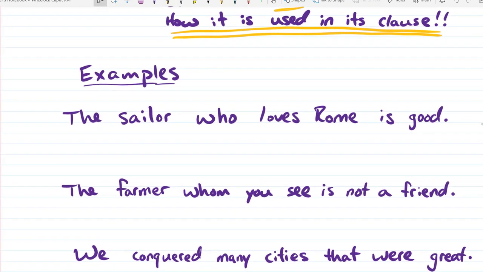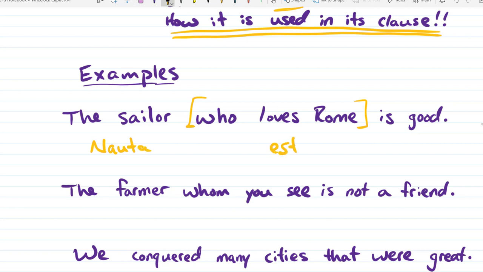The sailor who loves Rome is good. One of the things that I would suggest, in Latin or in English, is bracketing off your relative statement: the sailor who loves Rome is good. The sailor is good is your basic sentence. So we would have nauta est bonus.